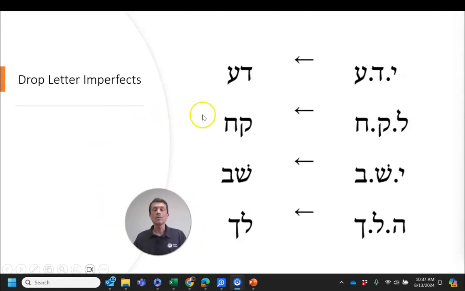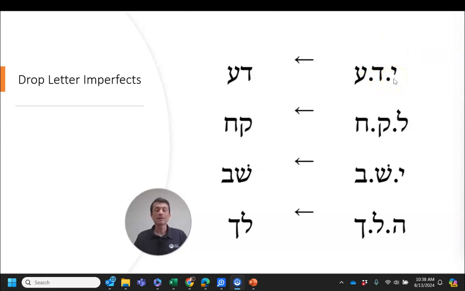There are some roots, of the triconsonantal roots, that when they're inflected in the imperfect, sometimes their first root consonant drops out, and it's called a drop letter imperfect. So for example, first yod verbs like yada, I call it first yod because the first root letter is a yod.